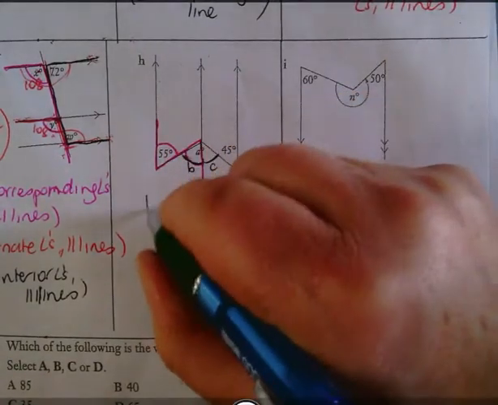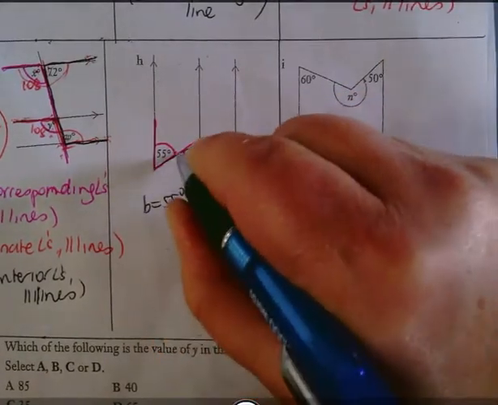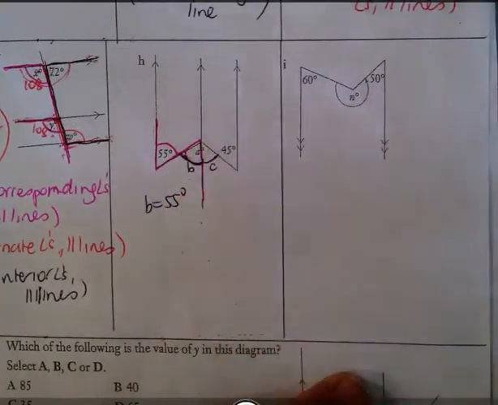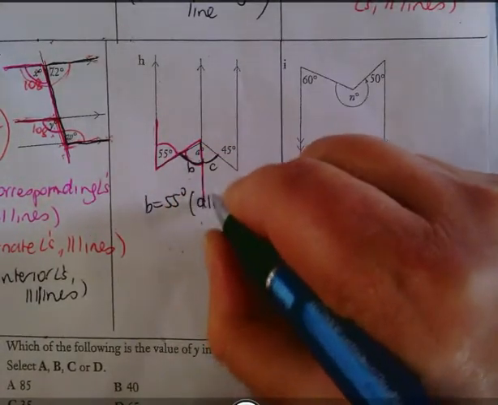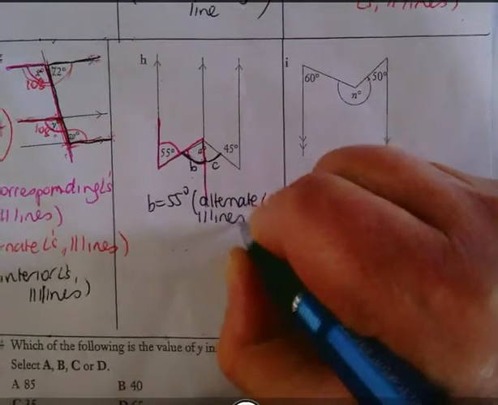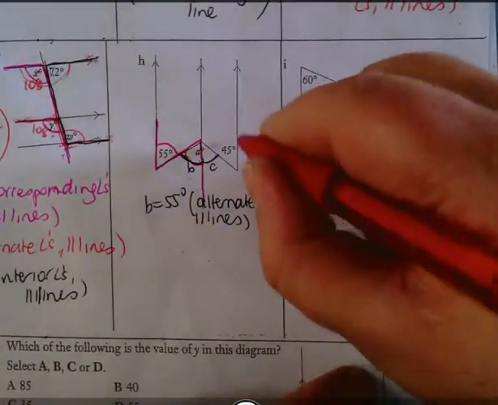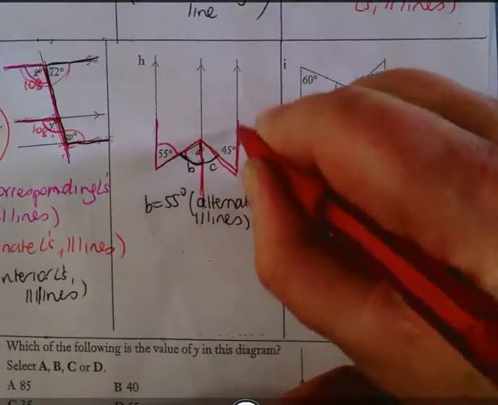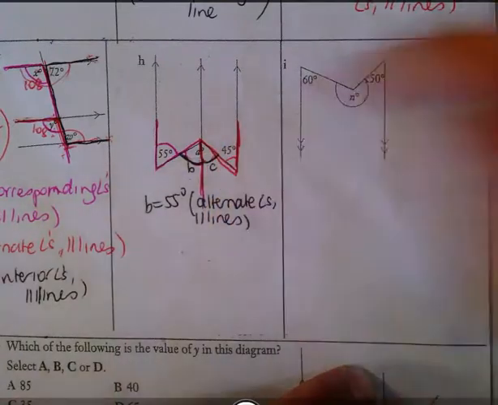So I'm going to go that B is 55 degrees. So B is just from there to there. And we've got alternate angles on parallel lines. Then I'm going to do the same thing over this side for C. So that equals that.